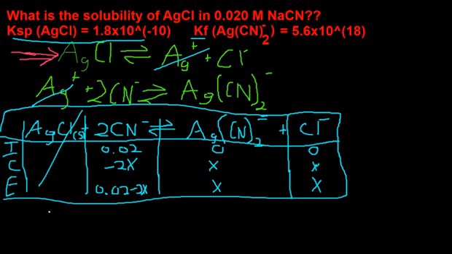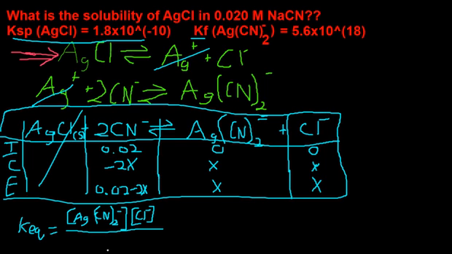Which means we get the equilibrium constant, which I'll call K equilibrium, equals silver dicyanide times chloride all over cyanide squared.